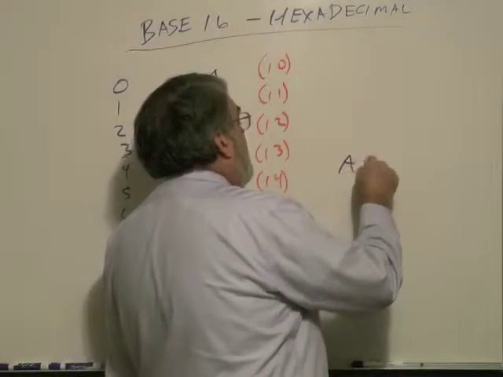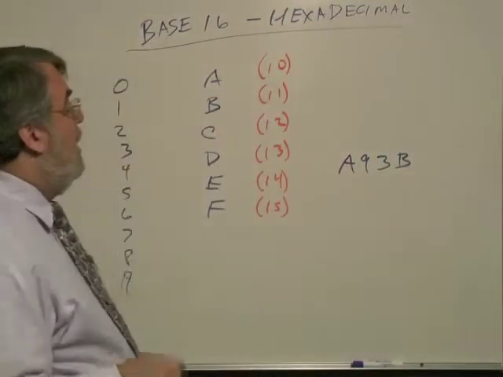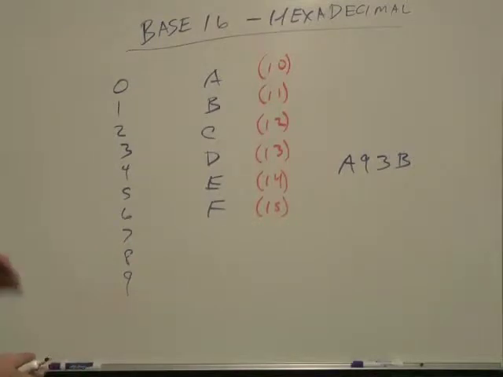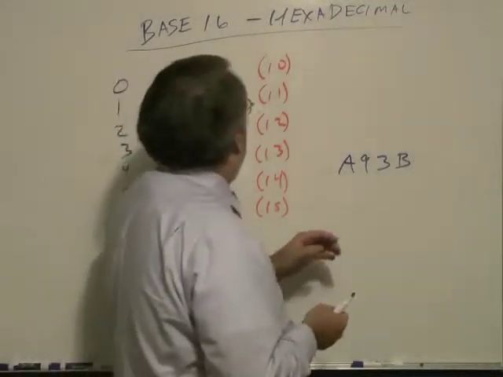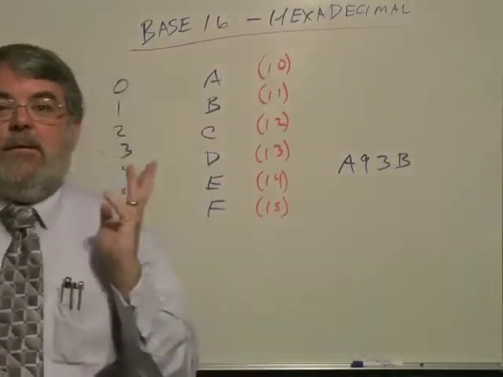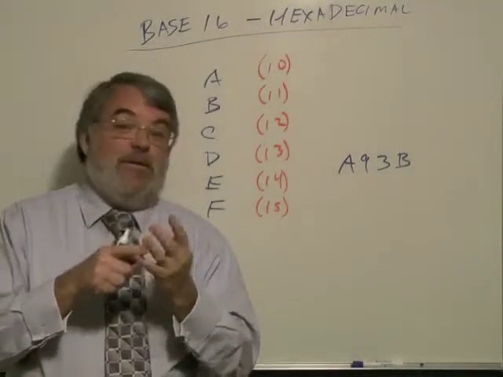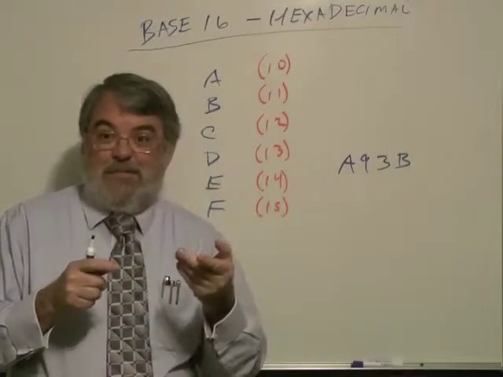like A93B, for example. A93B is a 16-bit number, okay? Because each place value in hexadecimal carries 4 digits in binary. 4 digits in binary can take you up to 15.